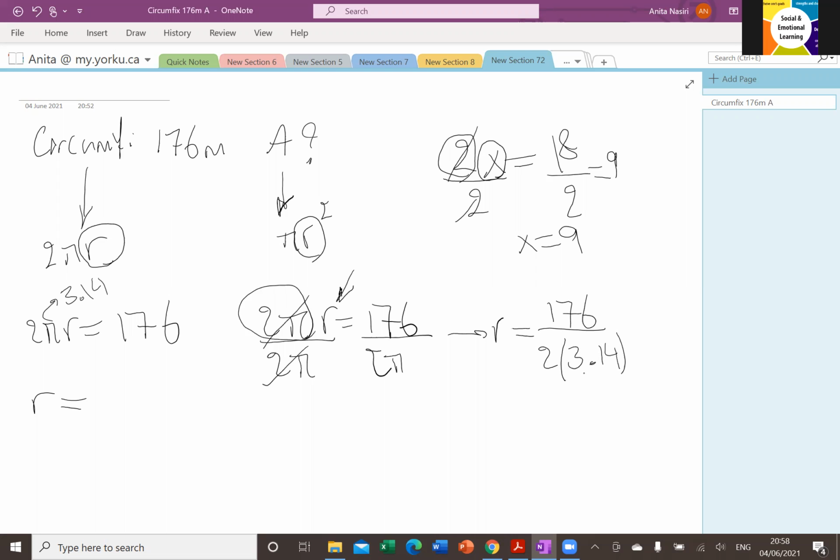And if you do that, as your friend said, it's approximately, this is the symbol for approximation, instead of equality with two parallel lines, 28. Okay, cool. So what we calculated is r, which is the radius. Now, what would be the area then? How do we calculate the area?